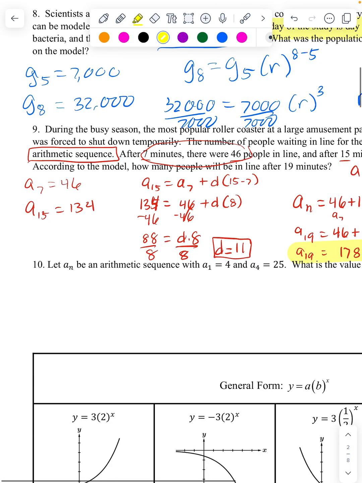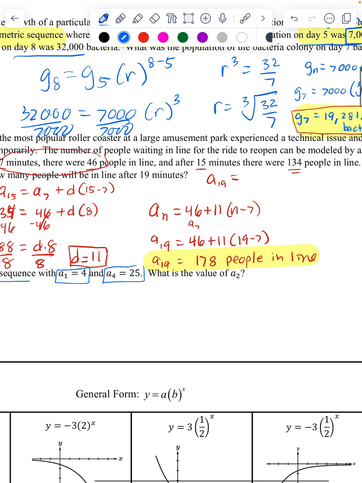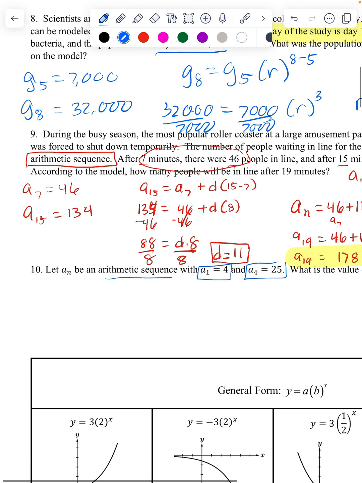All right, let's do this last one for this initial video. Let a sub n be an arithmetic sequence with a1 equals 4 and a4 equals 25. What is the value of a2? Okay, we're still doing the same thing. It's just presenting in a bunch of different ways, but it's arithmetic. So I've got to find that common difference so I can build a general equation.